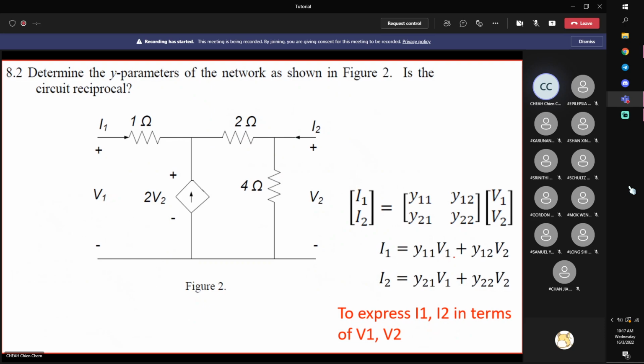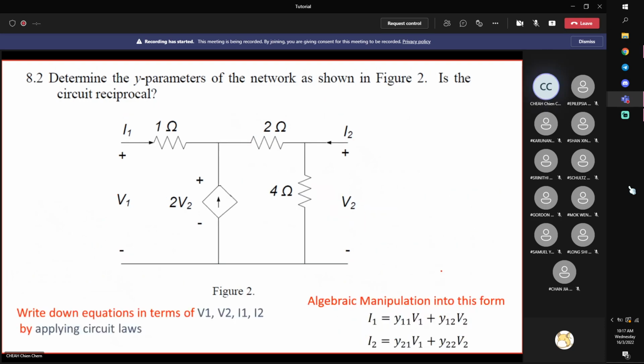So write this down: you want to express I1 and I2 in terms of V1 and V2. We will write down the equation first in terms of the 4 variables, and then try to put it into this form. So first step, write down the equations in terms of the 4 variables of the 2-port network using circuit analysis. Then we rearrange the equations into this form through algebraic manipulation.